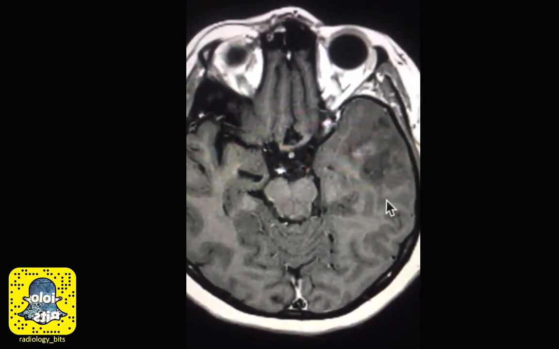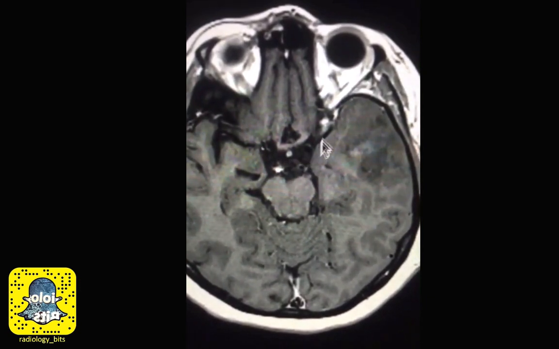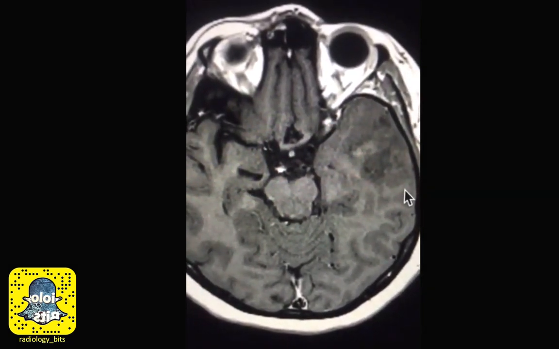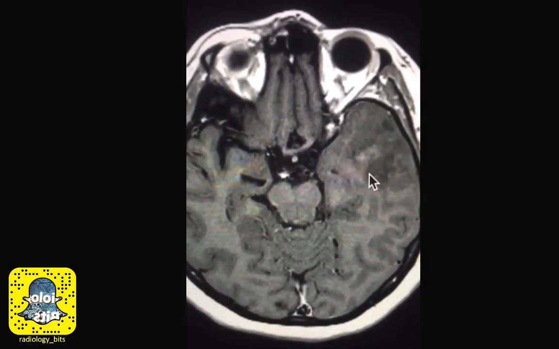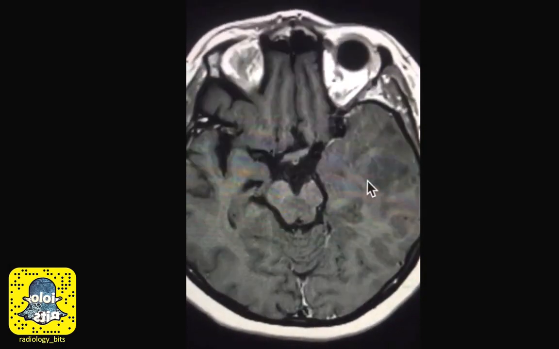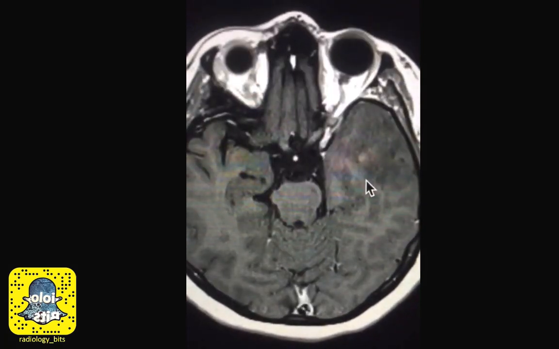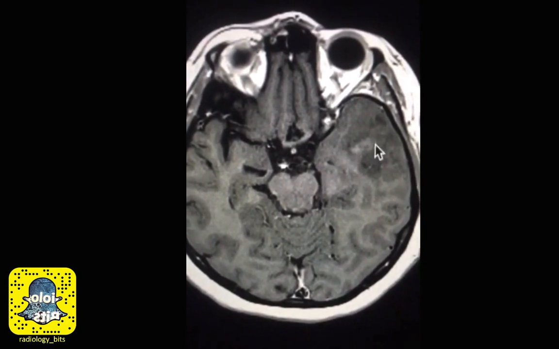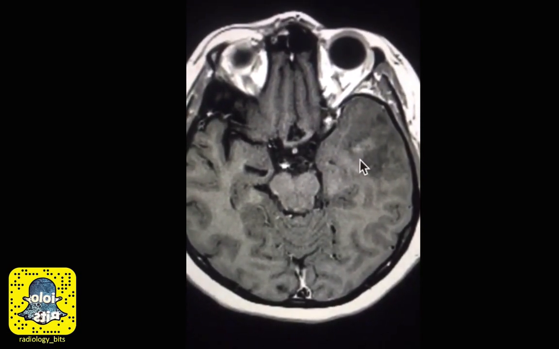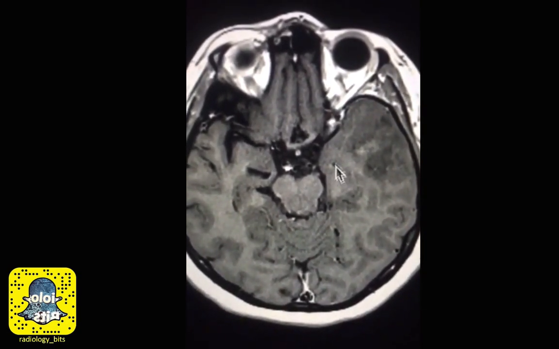So what we're looking at here is compatible with a low-grade diffuse astrocytoma. And the small foci of enhancement here would suggest a high grade, whether in the form of anaplasia or focal glioblastoma. So this is an important piece of information. Enhancement decides the grade for you, but the extent of the lesion should be assessed on T2 or FLAIR.